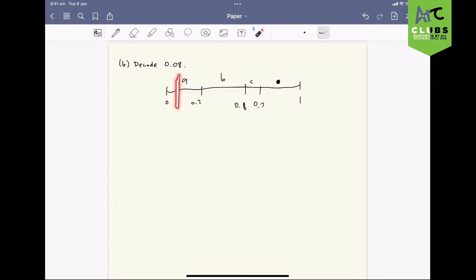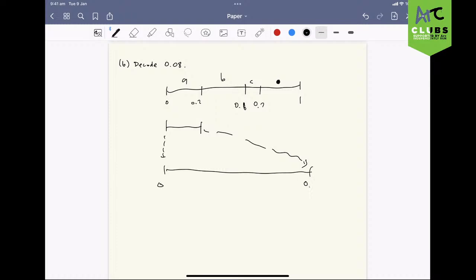For the sub-interval that the stab lands in, we zoom in on that again, enlarge it, and rescale where that stabbing was done. So it should be around here.